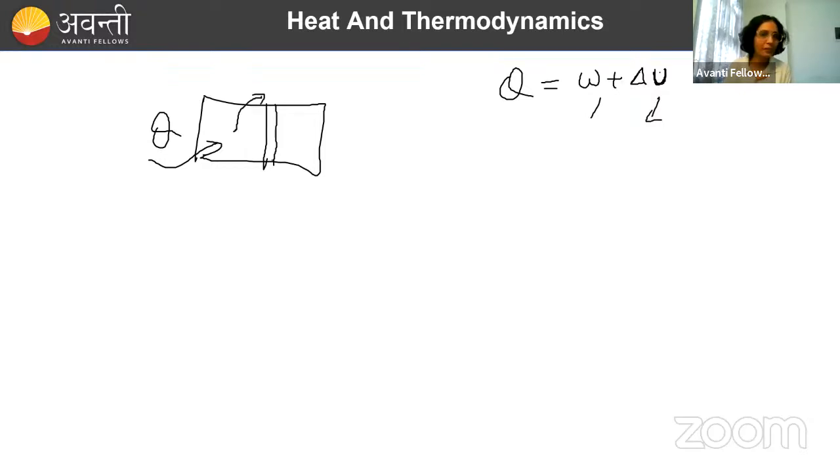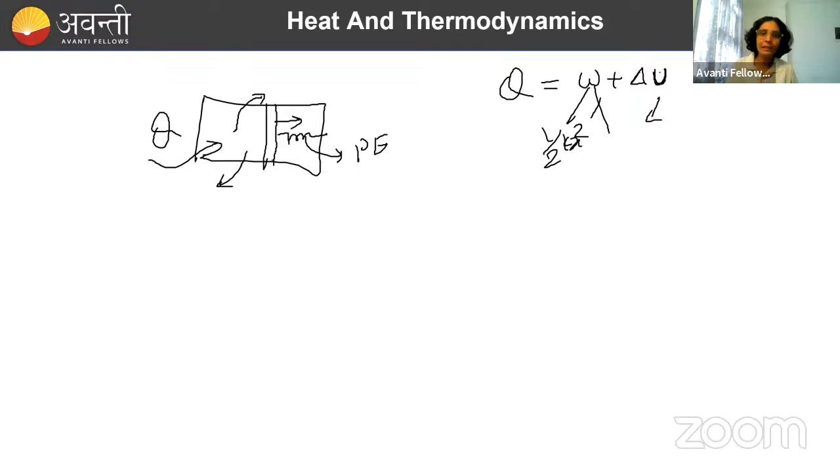This layer will move, so the gas is expanding, and at the same time some of the work is stored as potential energy. So the work done is divided into two parts: one is half kx square, and the other is the work it has done in expansion.